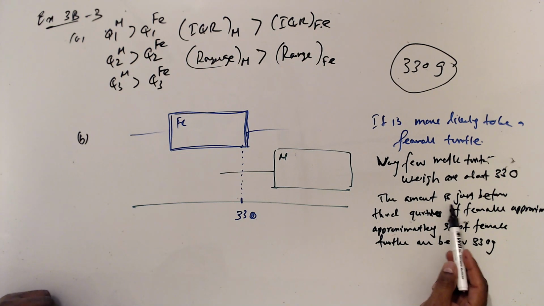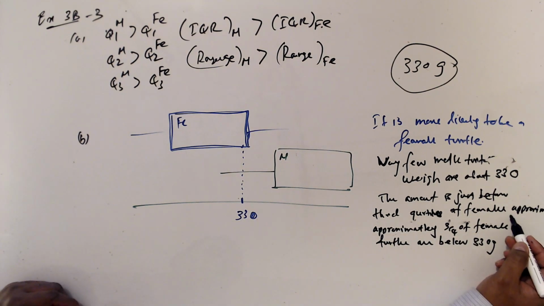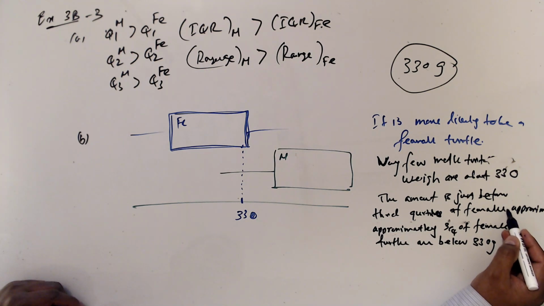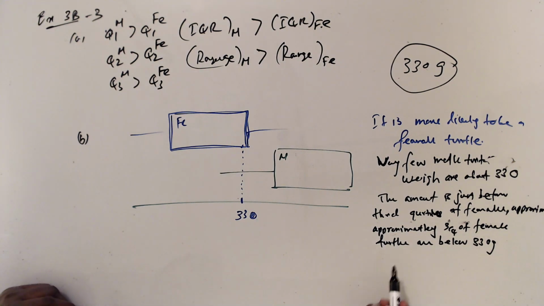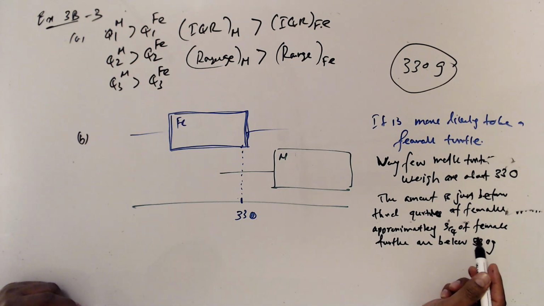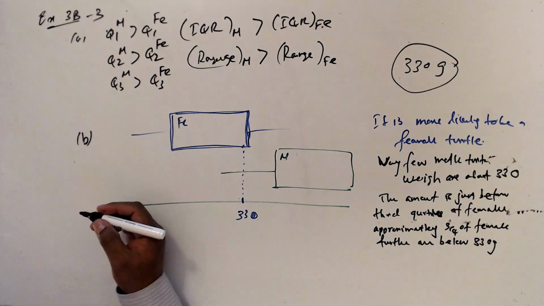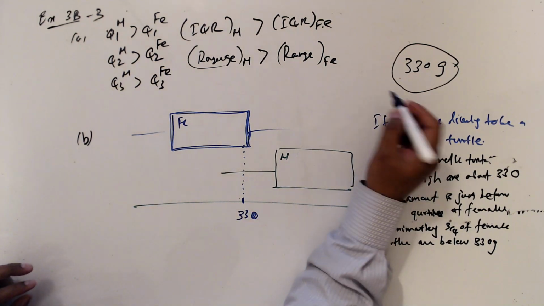The amount is just before the third quartile of female, approximately 3/4 of female turtles are below 330 grams. If you want, you can add a bit more here.